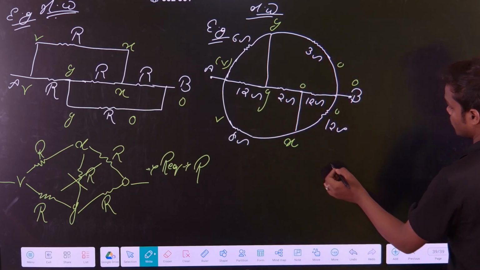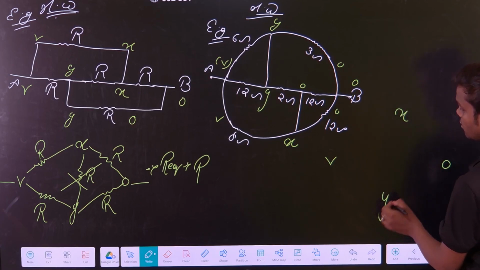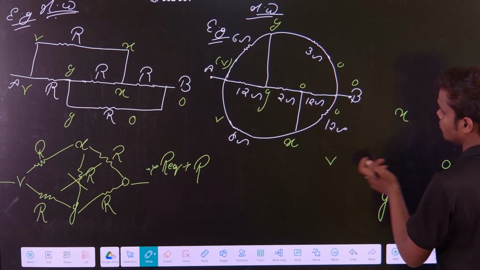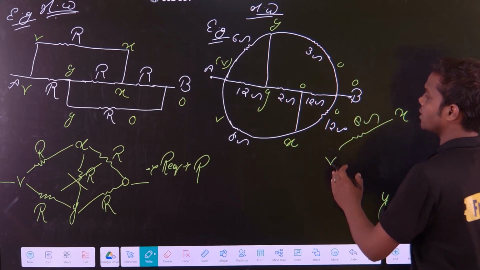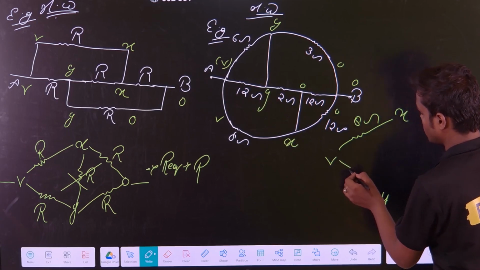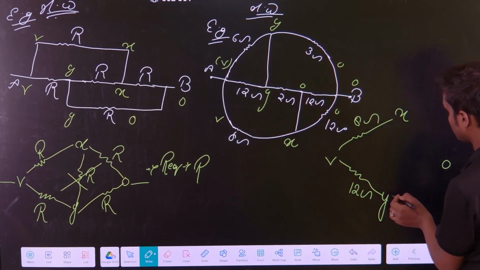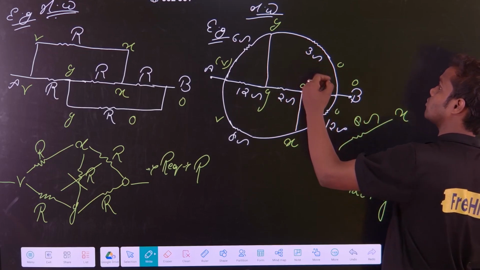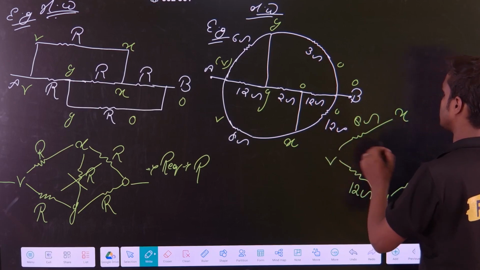So we have again 4 points: V, 0, X and Y. Between V and X we have one resistance. What is the value? That is 12 ohm. Between V and Y we have a 12 ohm. Between Y and 0 we have a 2 ohm. Between X and 0 we have one resistance, that is 12 ohm.